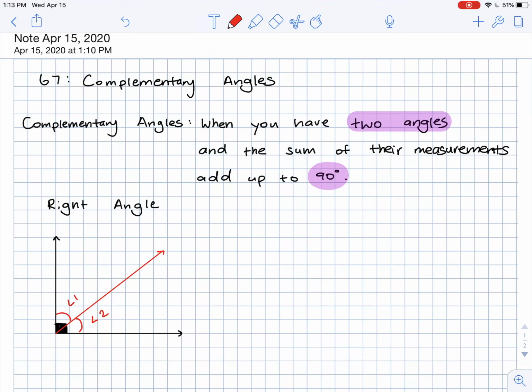So I know that the measure of the first angle plus the measure of the second angle is going to equal 90 degrees. Thus, by the definition I just gave, I know that angle 1 and angle 2 are complementary angles.